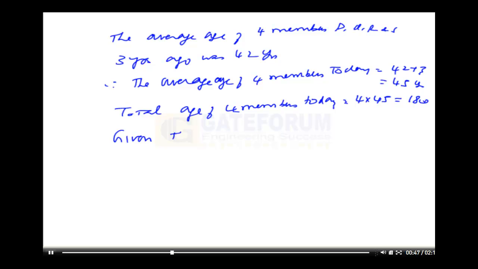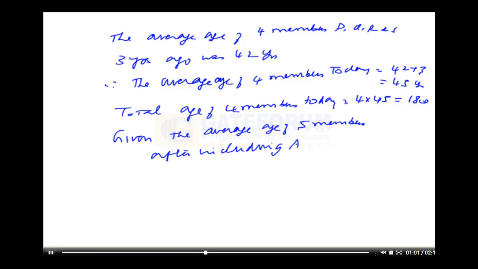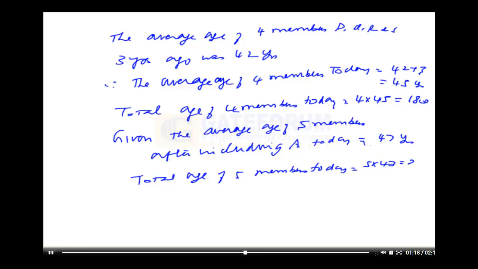Given the average age of 5 members after including A today is 47 years. So total age of 5 members today will be 5 into 47, 235. Therefore, A's age is equal to 235 minus 180, that is 55 years.